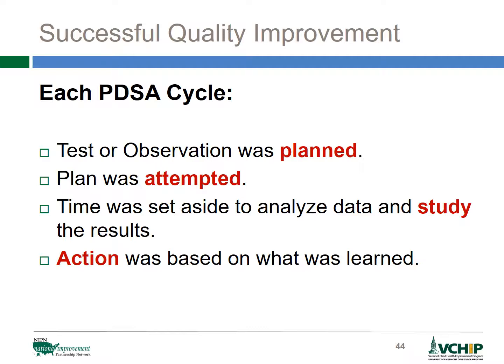But those steps are so critical to quality improvement that it's important for a practice to set aside that time. And often in our quality improvement projects, we have some kind of activity that makes them intentionally go through this. So to really report out on particularly that study and act phase of the cycle to ensure that they are following all the way through.